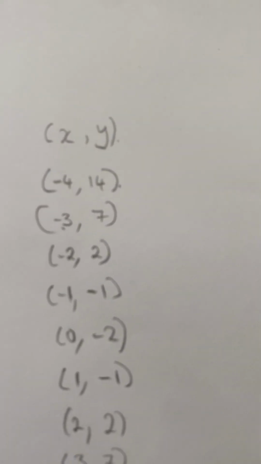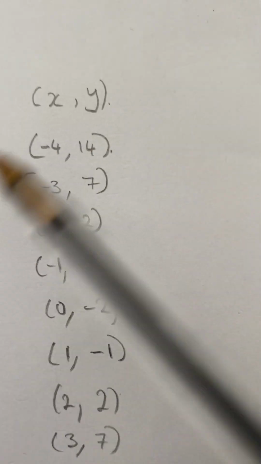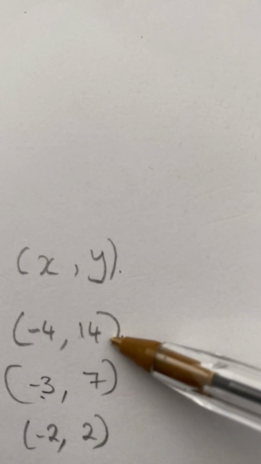I've written the coordinates here for x and y from the table I just did. So when x is minus 4, y is 14.